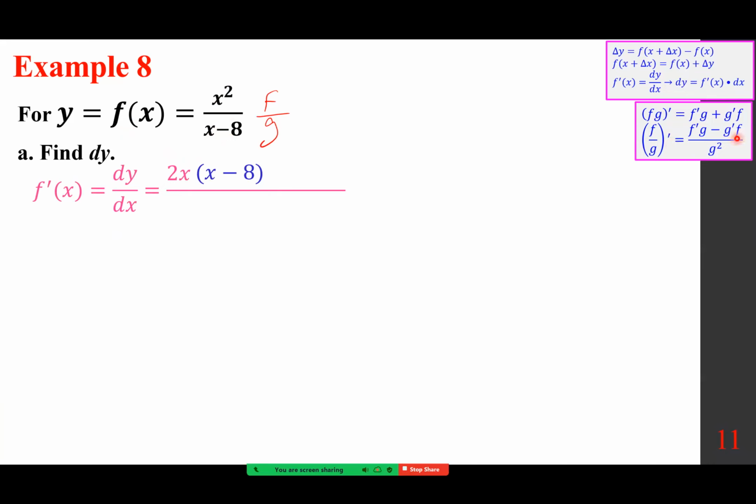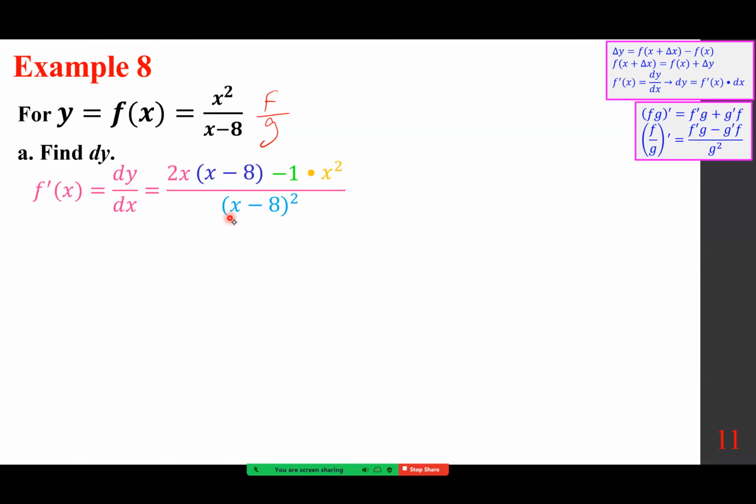We are using the quotient rule, everybody. Minus the derivative of the bottom is 1 times the top, which is x squared, 1 times x squared. And you just write the bottom in a parenthesis and square it, and we are done with f prime of x, which means the calculus part.